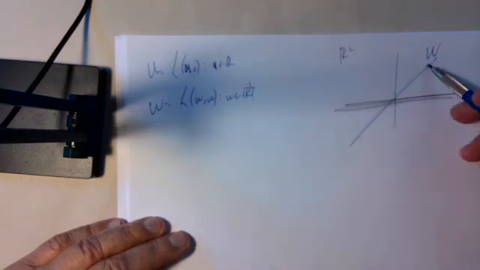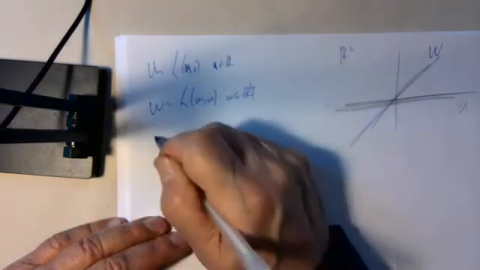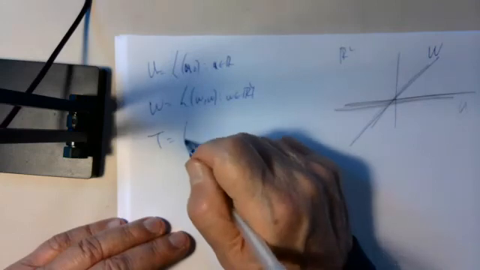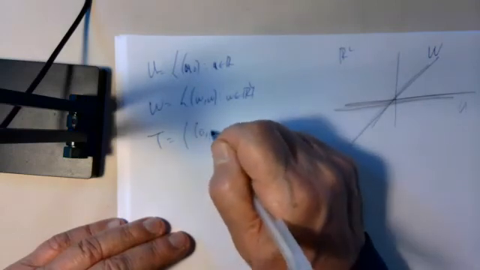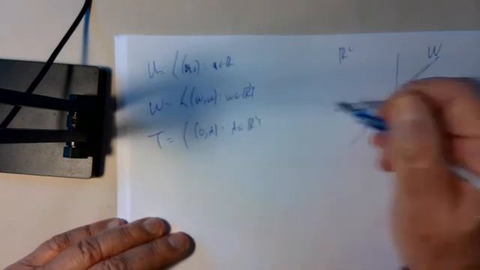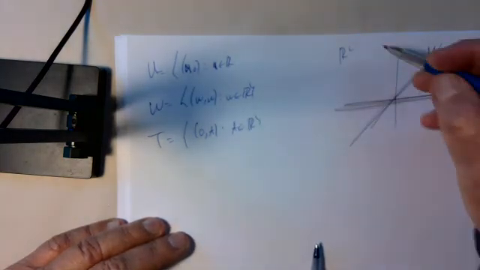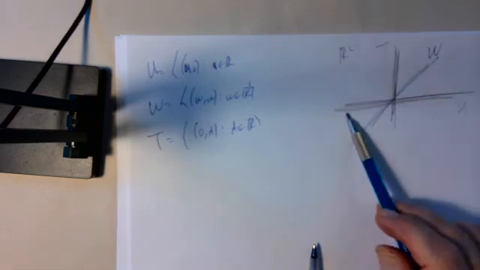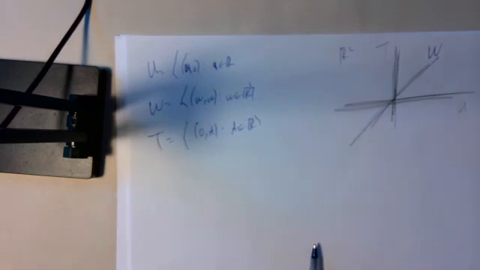Let me take a third subspace. Let me just call it T. Maybe T is the y-axis. So T is everything of the form (0, t), t in R. So I have three subspaces, 1, 2, 3.